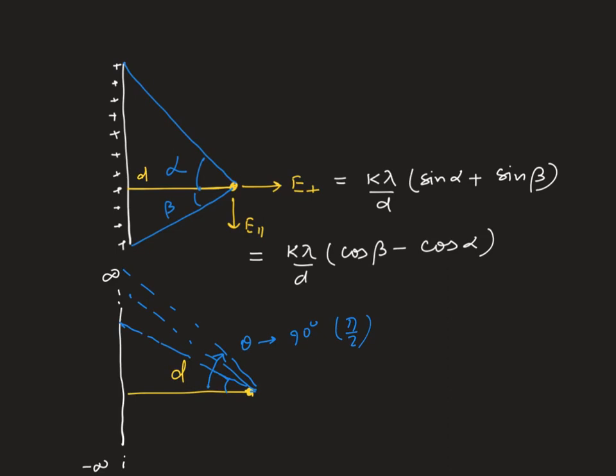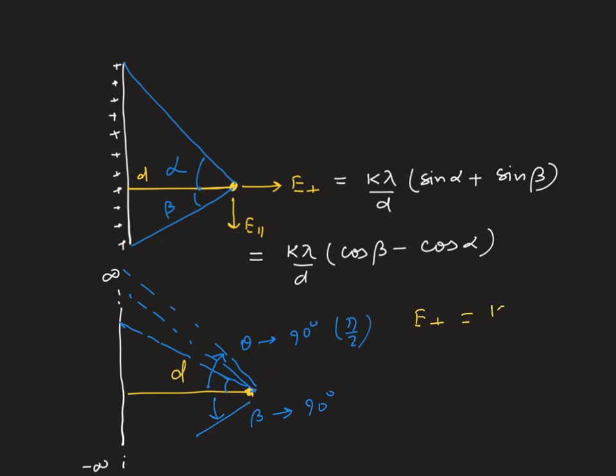The same thing is going to happen here. If this line goes to minus infinity below, then this side would also reach beta tending to 90 degrees. And if both angles reach 90 degrees, what is going to happen to E perpendicular?